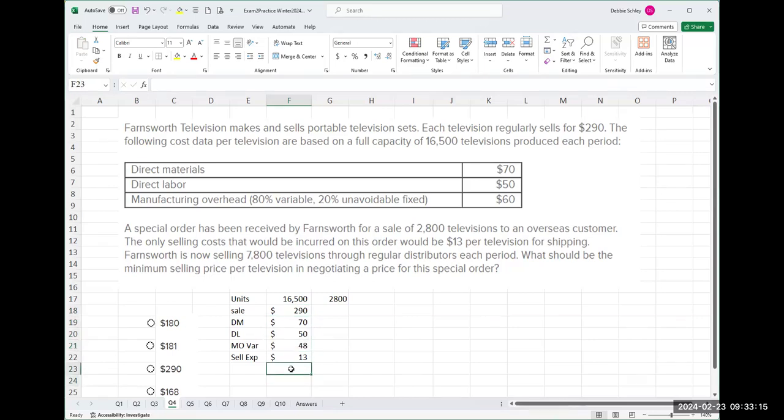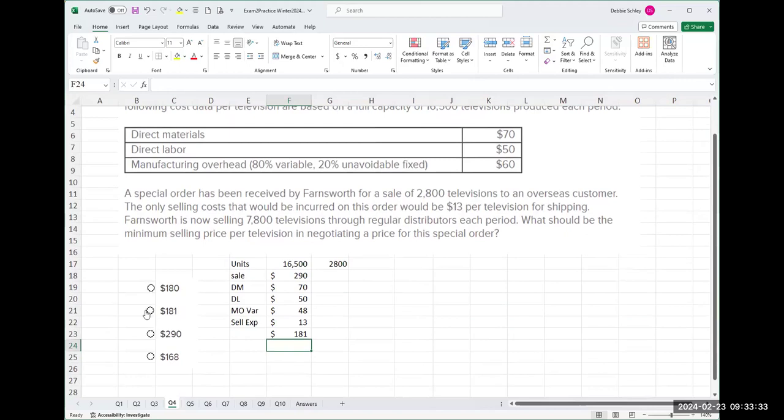So to figure out the minimum selling price, so basically how much to just cover my expenses, I'm just going to add up those costs: the direct materials, direct labor, the variable portion of the manufacturing overhead, and the extra selling expense. So $181 is how much it costs to make this special order. And so I need to sell it for at least that much to break even. I'd want to sell it for more to make money, but that's not the question they asked. They asked minimum selling price.